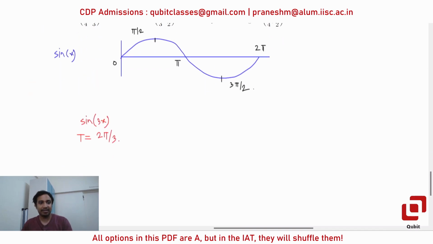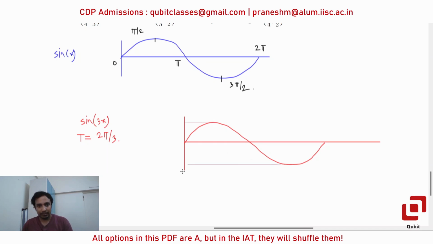Okay, now pay attention how the graph of sine of 3x is going to behave. It basically has the same shape, and its range is also equal to -1 to 1. So the number here is -1, the number here is +1. The only change that happens is everything gets divided by 3. So this is 2 pi by 3.